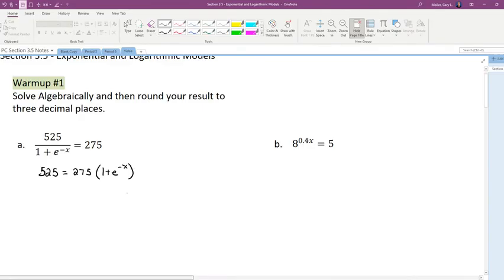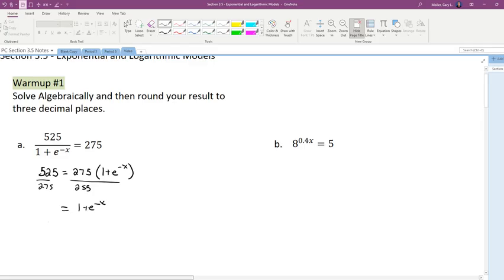Got a couple of options here. I could distribute, but I think it would just be easier to divide by 275. I'm going to go ahead and just fully use my calculator on this one. So dividing by 275 is going to leave me with 1 plus e to the negative x.